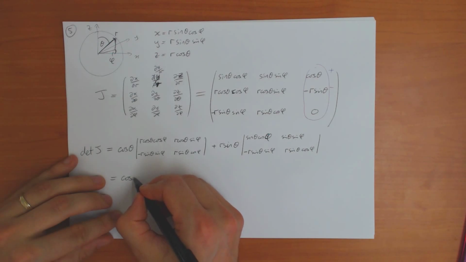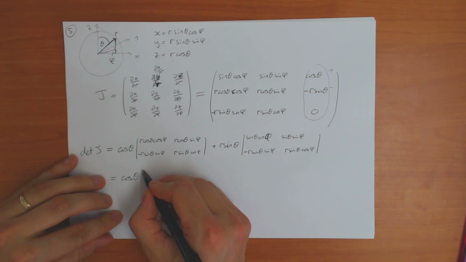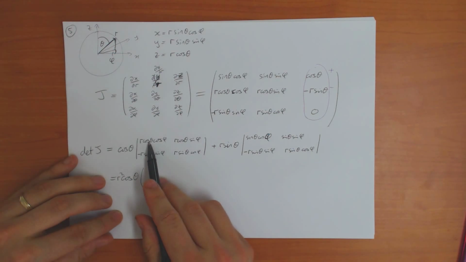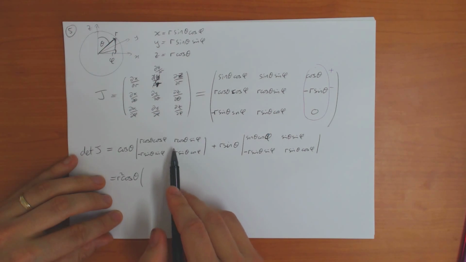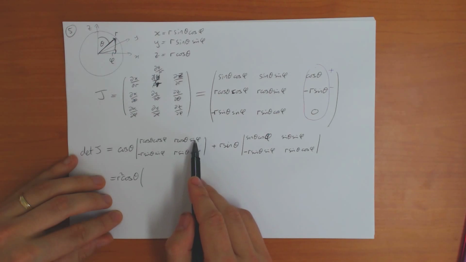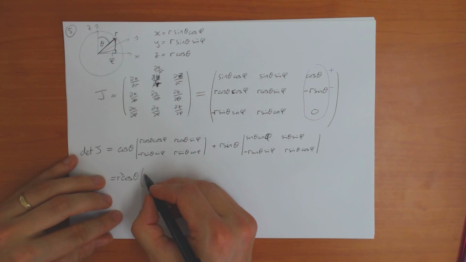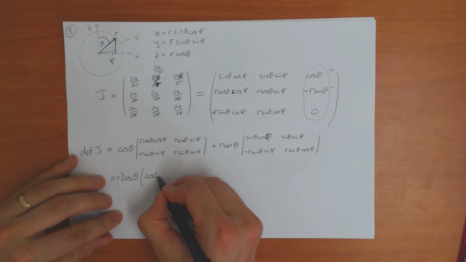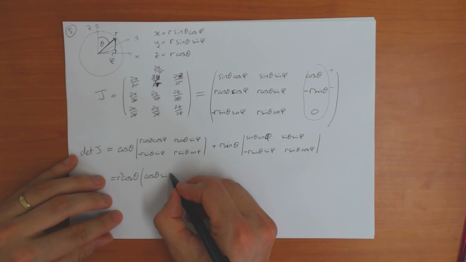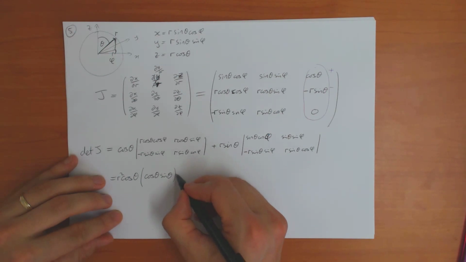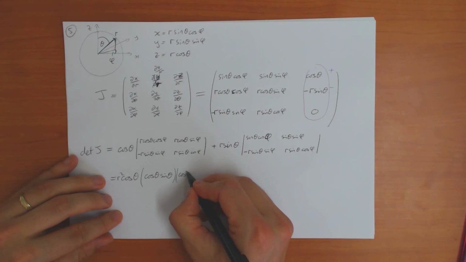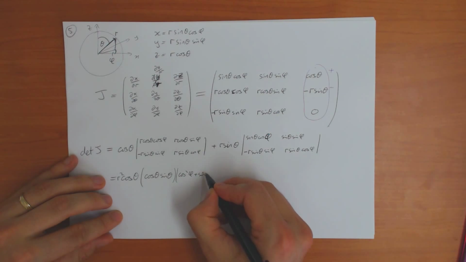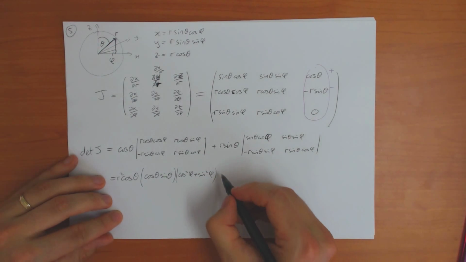So this is cos theta times, so you get r squared, you can see, r squared cos theta sine theta, and then cos squared phi plus sine squared phi. That's that one.